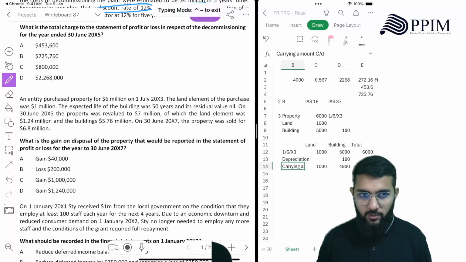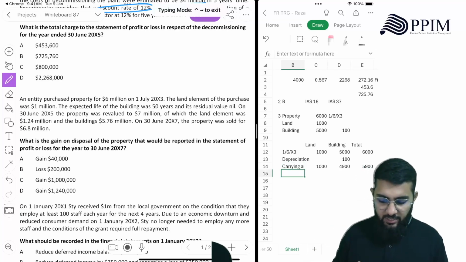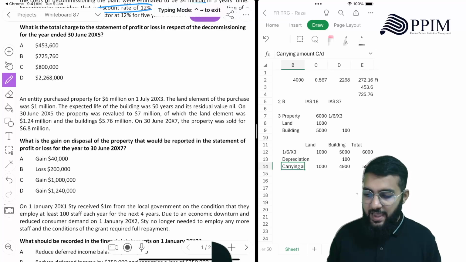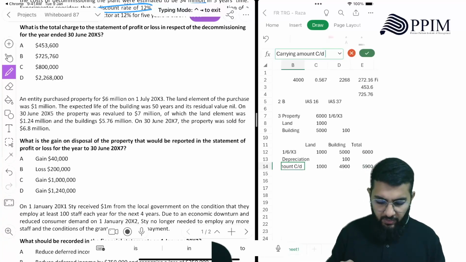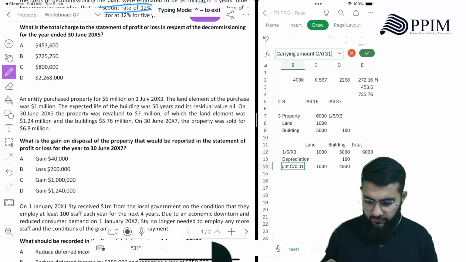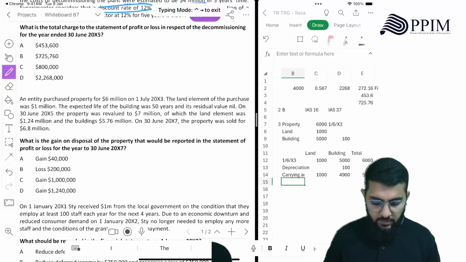Okay, so that's what I'm coming at. Then there is another depreciation, right? Now this is our carrying amounts as at 30th of June X4. All right.